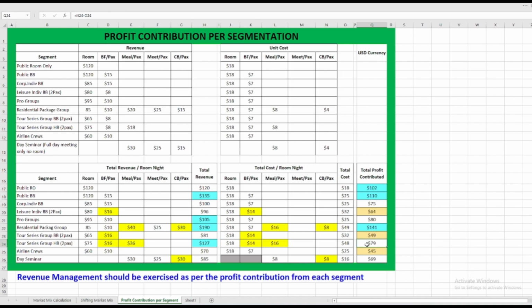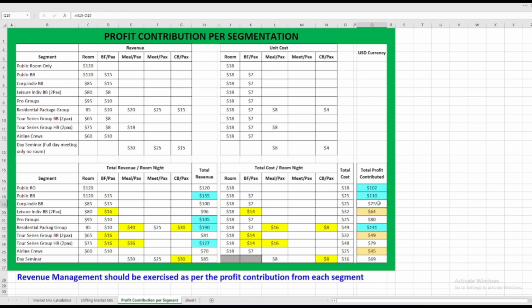From this report, it is good for our sales and marketing team and also the general manager to make the business plan for each year. Based on the report, we need to focus more on public room only, public bed and breakfast, and residential package group, because these all have the highest revenue.